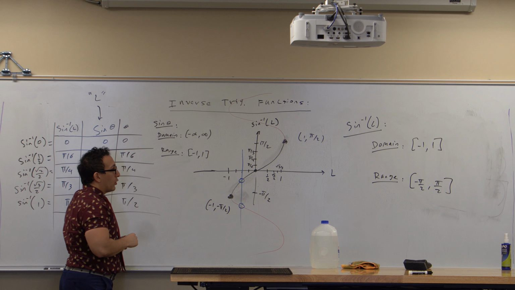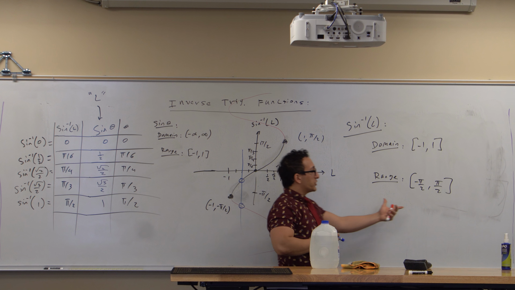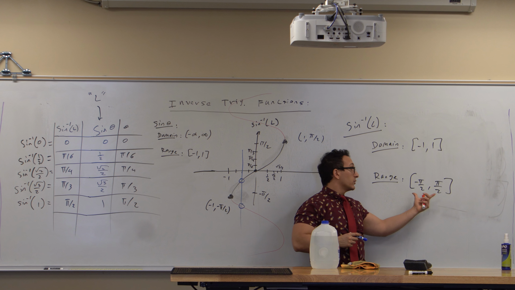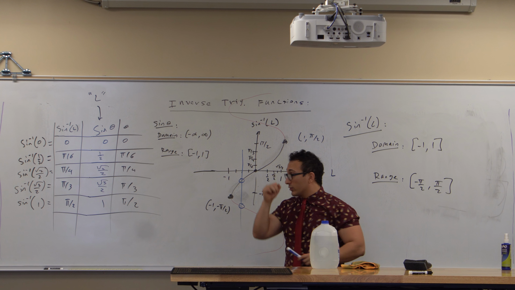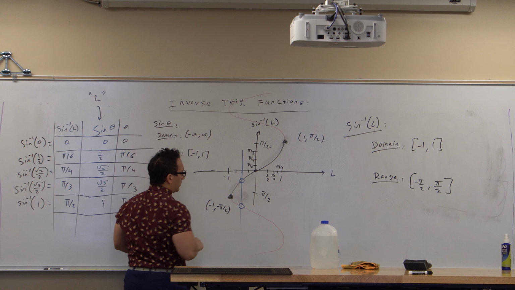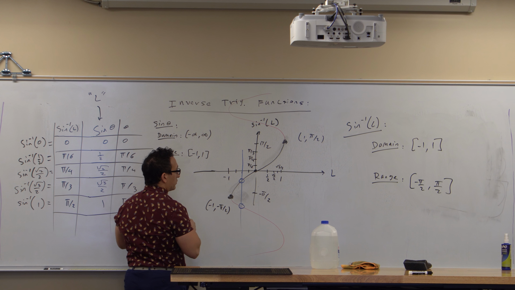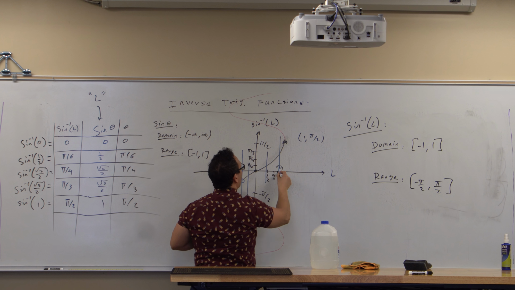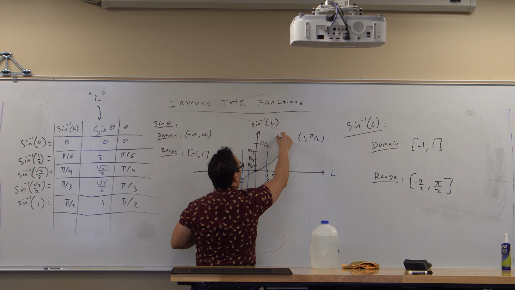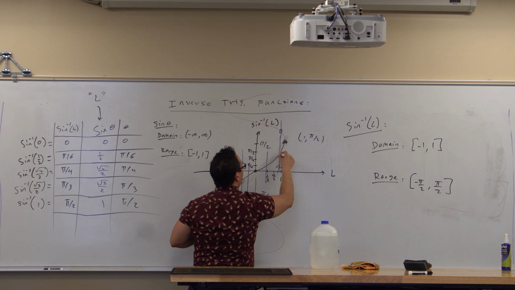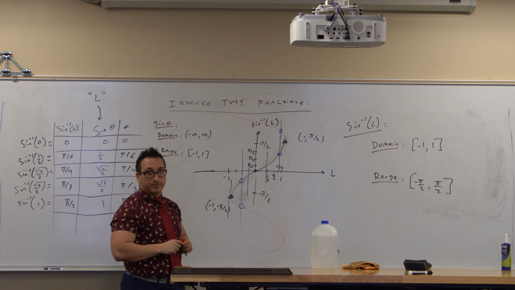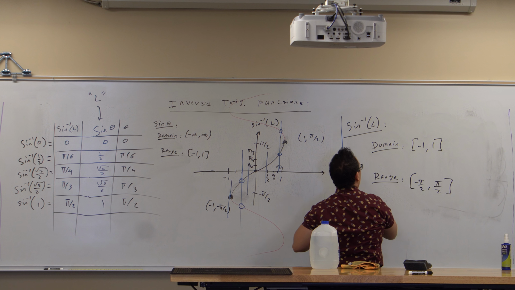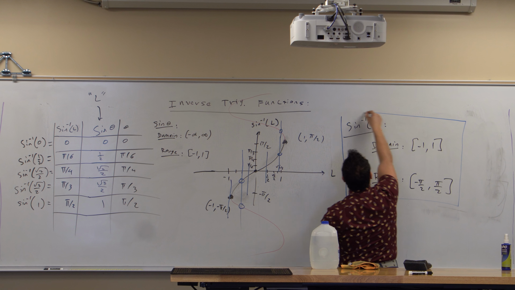And so we have to restrict the range to -π/2 to π/2 inclusive with brackets, because otherwise it would disobey the vertical line test. Notice the vertical line test would not be disobeyed if we only have the black. But when the red gets involved, it would disobey the vertical line test infinitely. So what we do is we restrict the range of sine inverse.